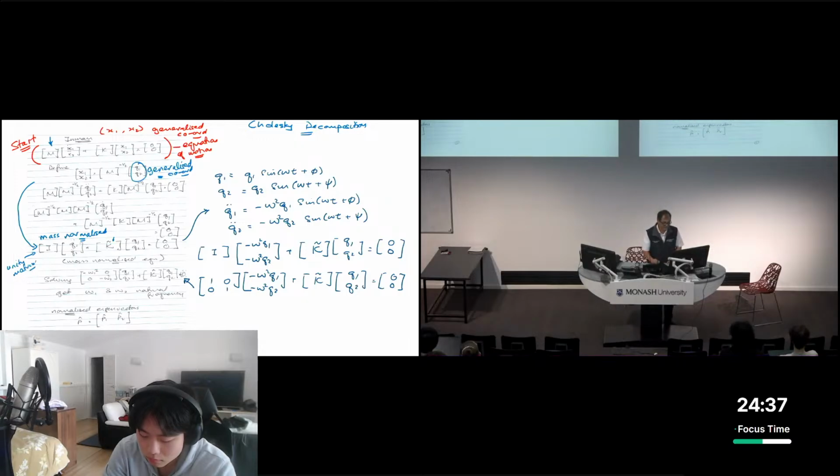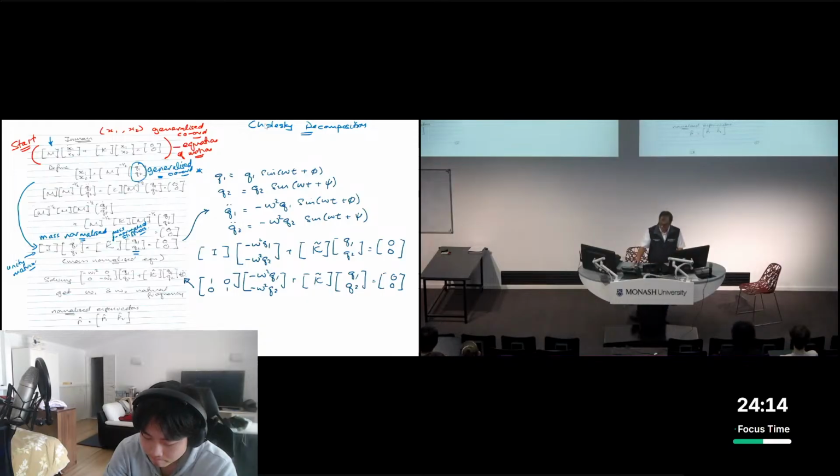And this here is our so-called mass normalized stiffness matrix. This equation of motion is still in terms of the generalized coordinates Q1 and Q2.